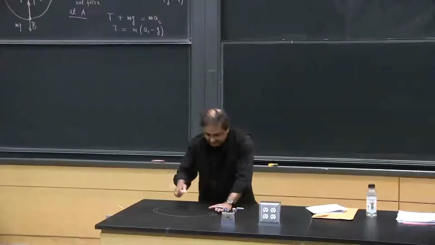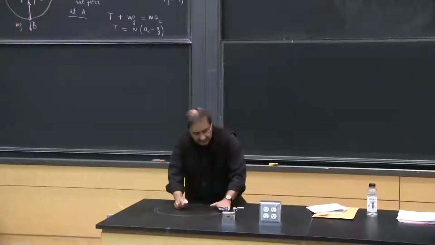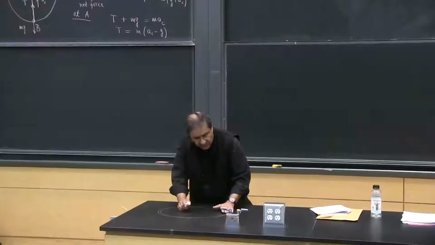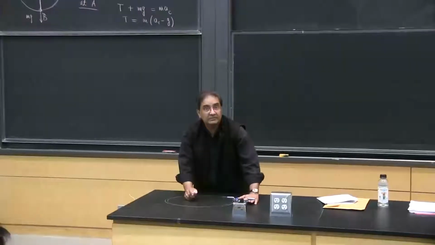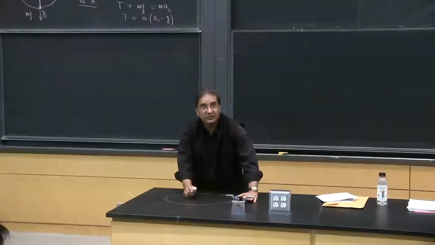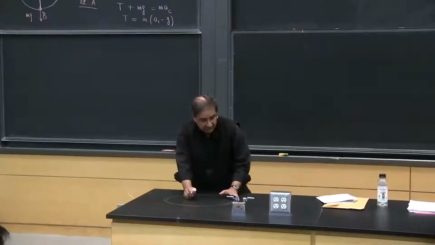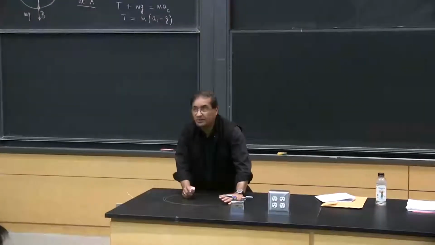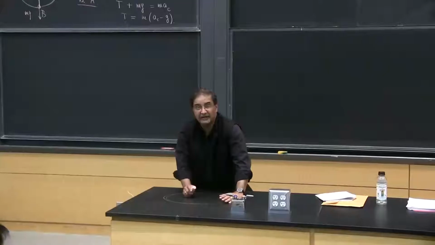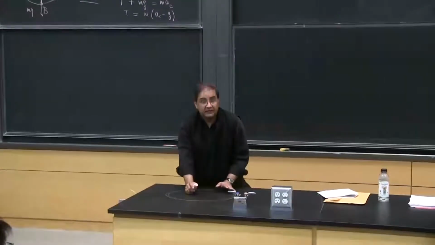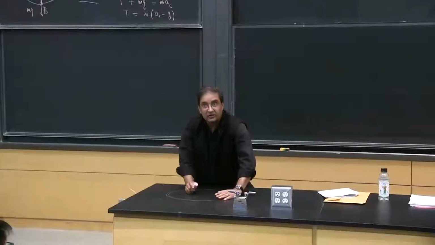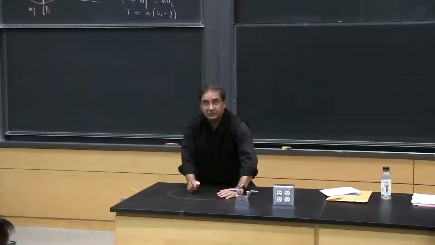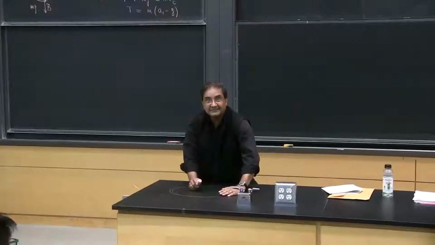Now what is a biggie is that this thing, as it is negotiating the circle, is not slipping off in this direction. That's what you want to make sure. Indeed, when you take a turn on a flat, icy road, most roads are not really flat actually, but if you were to take a turn on a flat, icy road, you should know, living in Buffalo, what happens to you, right?